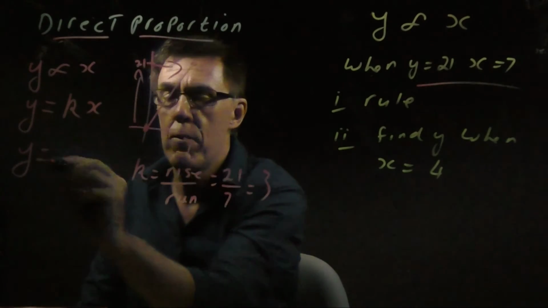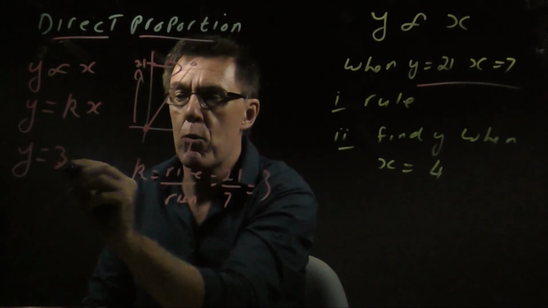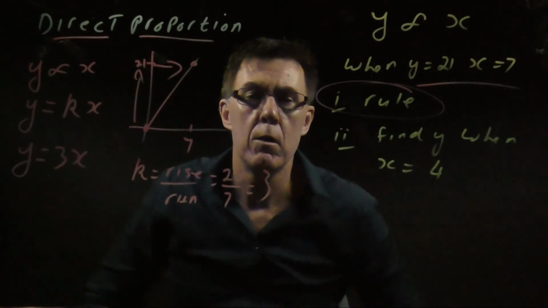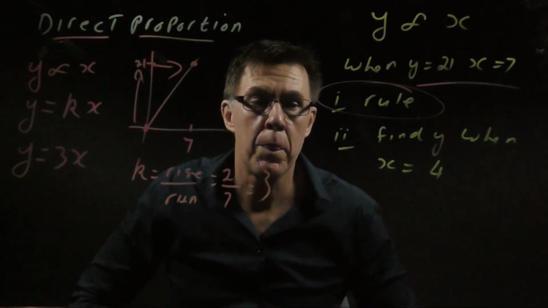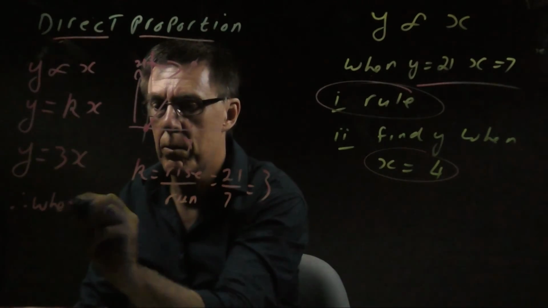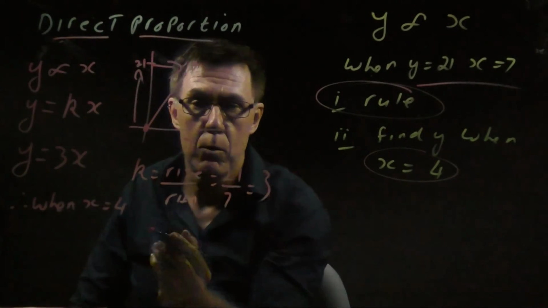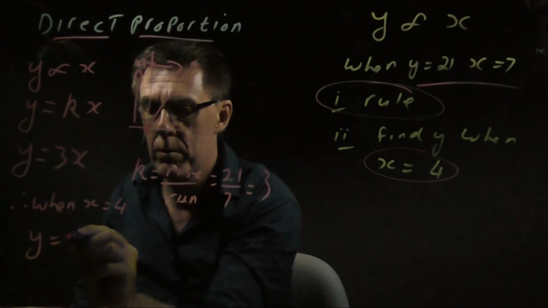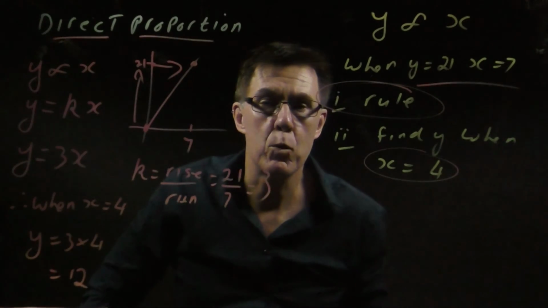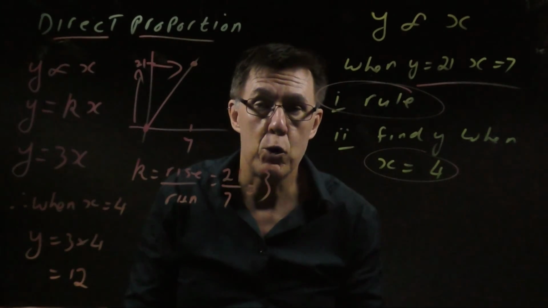So all of the y values can be worked out by going 3 multiplied by all of the x values. We just solved part 1. What's the rule? Now we can solve part 2. When x equals 4, y equals 12. And that is direct proportion.